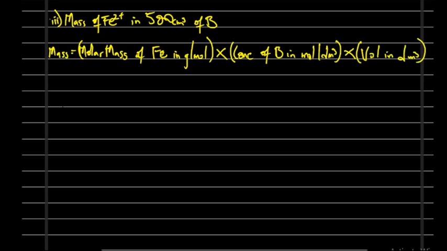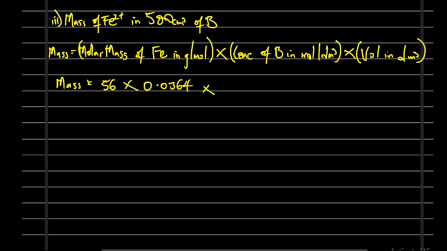So those are the things that we'll be looking for. So what will our mass be? Our mass equals 56, which is the molar mass of iron, like we have calculated earlier, times the molar concentration of our base, which we calculated to be 0.0364, times our volume in dm cube.